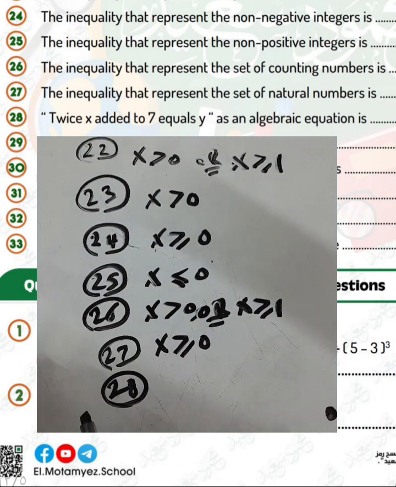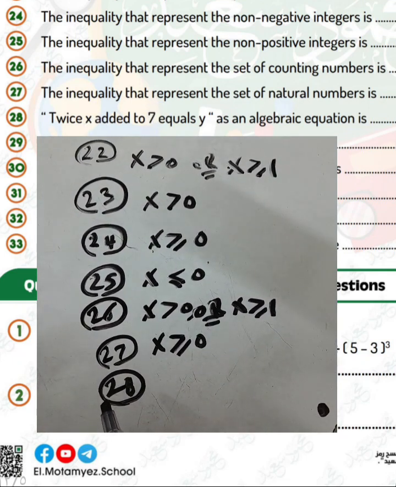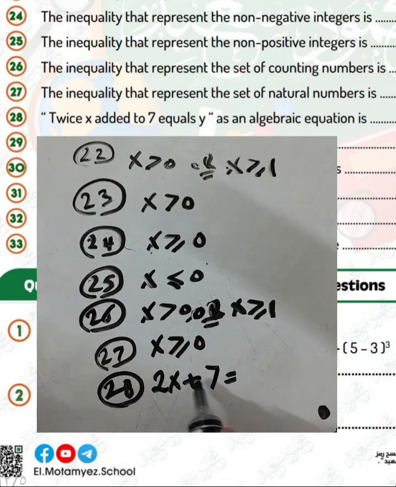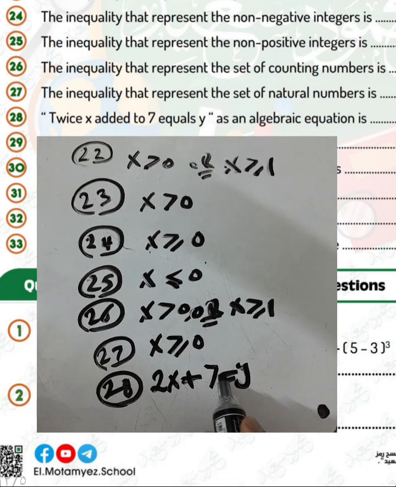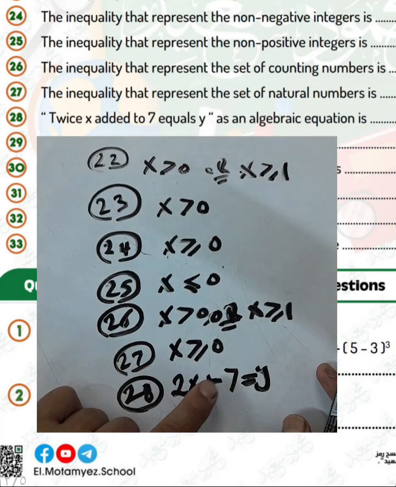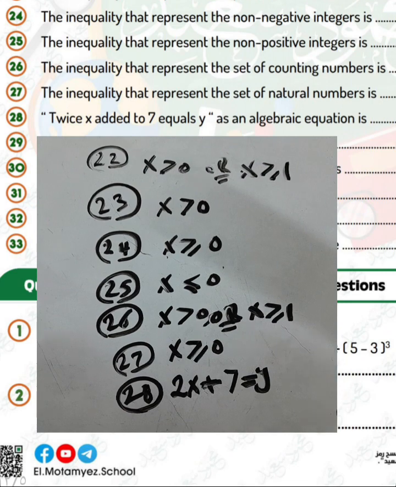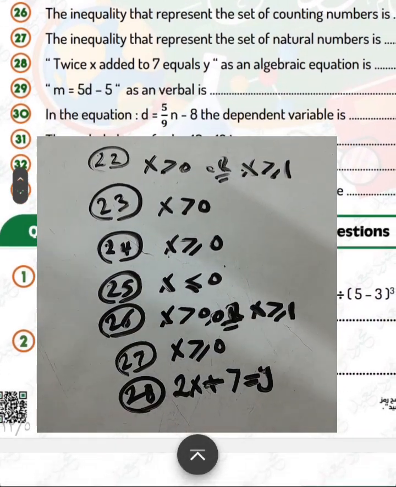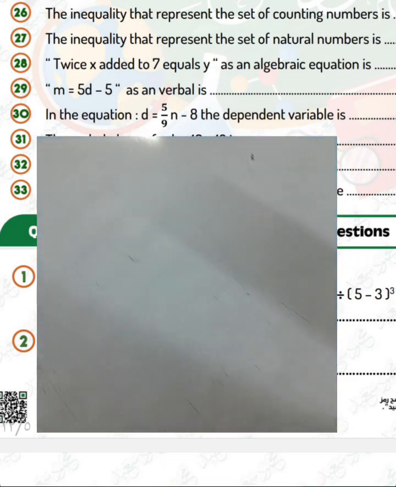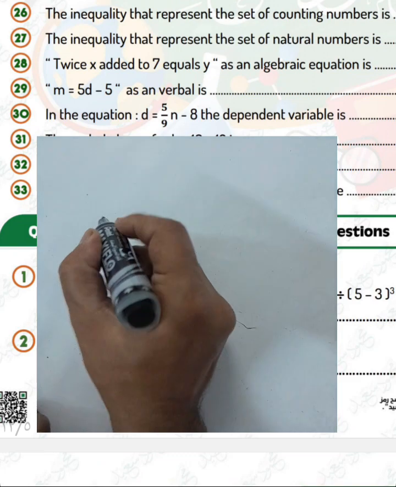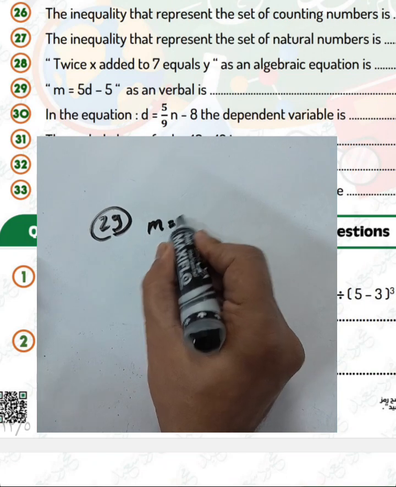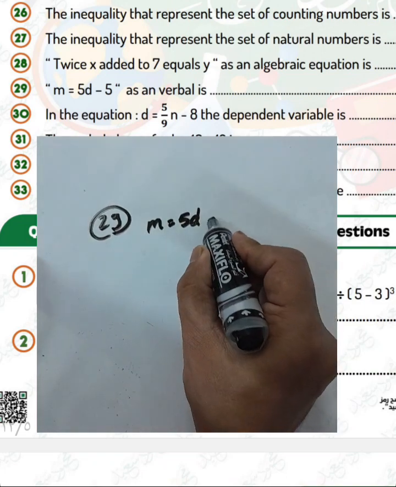Question 28. Twice x added to 7 equals y. Twice the number x added to 7 equals y. It's an algebraic equation. Question 29. M equals 5d minus 5.